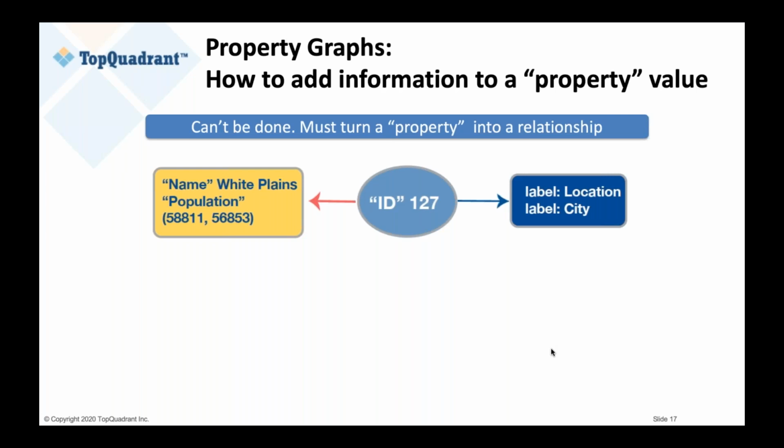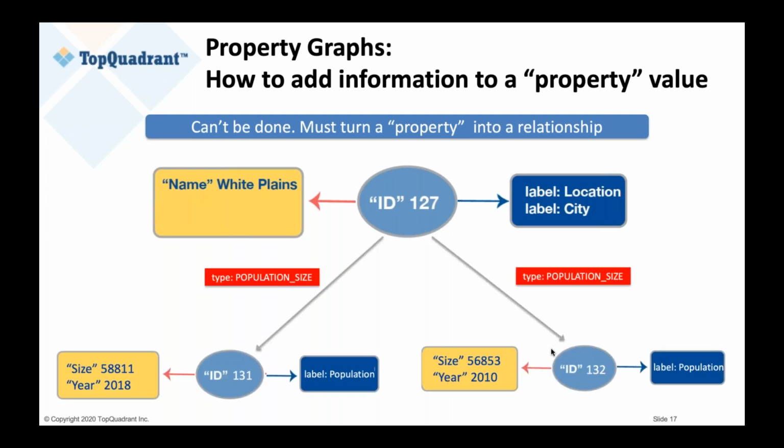You have to change your graph and turn a property into a relationship, and you're going to do something like this. You could also use some other structure where you hang a year directly on the node, but that's an example of what you do.